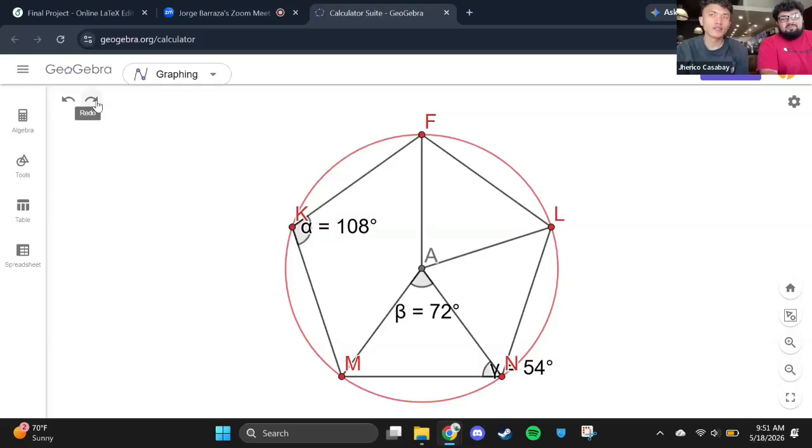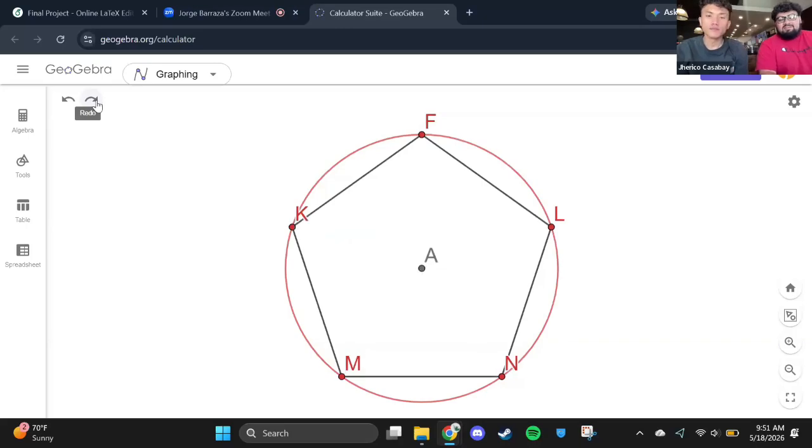Another cool thing about this construction is that if we take the perpendicular bisector of each line segment and find the points of intersection between those perpendicular bisectors and our red circle, then we can create a tangent.